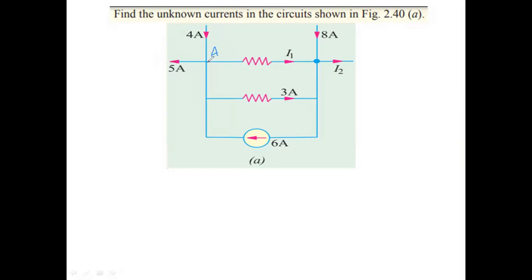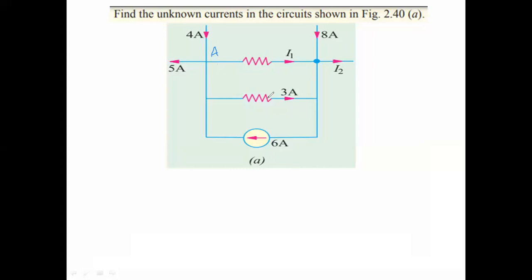The current flowing through this path, I1, is leaving junction A. Similarly, 3 amperes is also leaving.